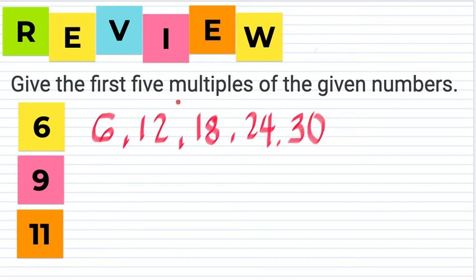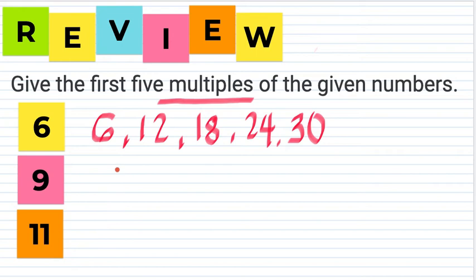When we say multiples, these are the results or the products after multiplying numbers. When you multiply numbers, whatever the results, you consider those as multiples. So therefore, the first 5 multiples of 6 are 6, 12, 18, 24, and 30.